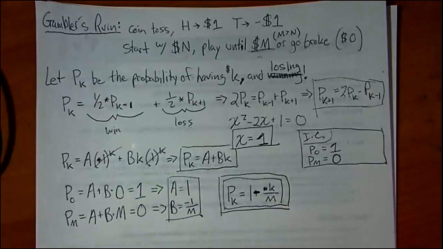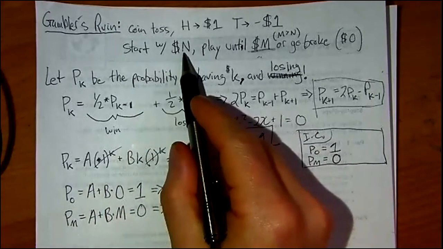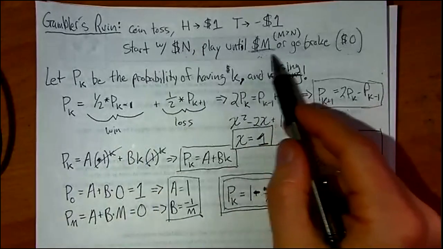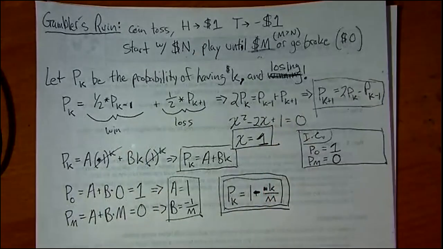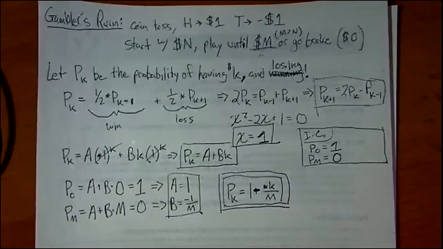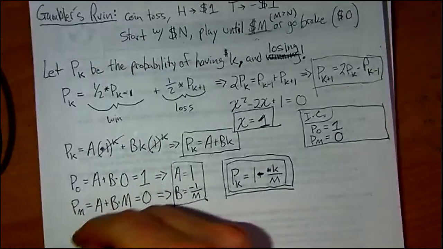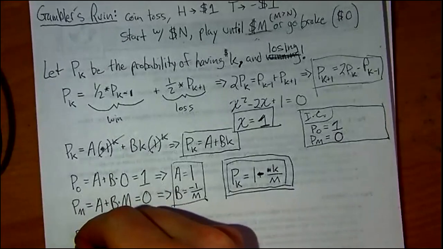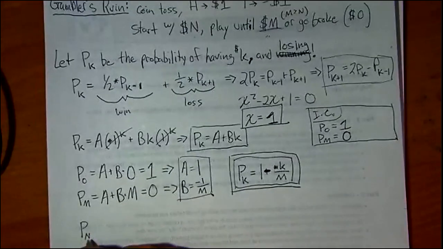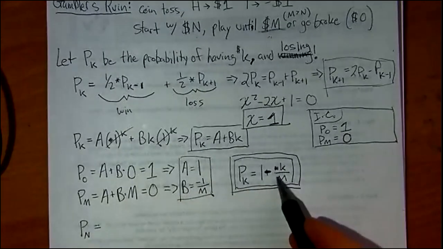Okay. In that case, let's go back to my original question. Let's say I want to double my money, right? I start out with $100 for n, and I'm going to play up till $200, right? So what's the probability of being ruined with n dollars if I'm playing up till $200, which would be 2 times n?